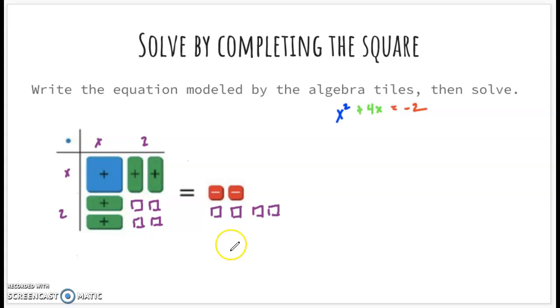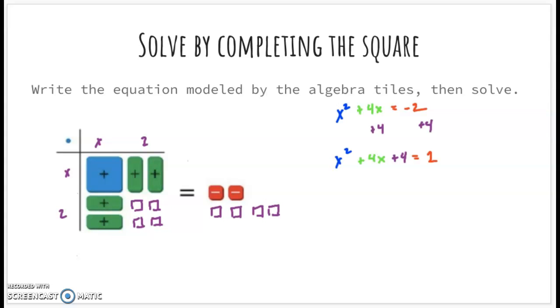Now I've added 4 to both sides. If I work that out, I have x squared plus 4x plus 4, nothing combines there, equals, and then my -2 and my 4 can combine. -2 plus 4 leaves me with just a +2.